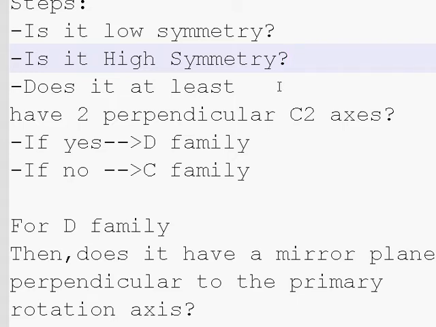And rotation axes are really how you group the rest of them. And then after you find the rotation axes, you start grouping it by reflection planes. So first you want to know, does it at least have two perpendicular C2 axes? So what I'm talking about is a planar molecule, for example. If it's trigonal planar, it's going to have a C3 right down the middle. And I'll show you what I'm talking about.